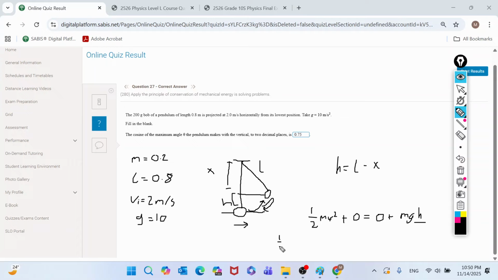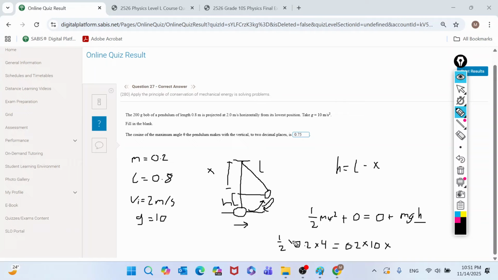So 1 over 2 times the mass, which is 0.2, times v squared, 2 meters per second squared, which is 4, is equal to mass again, which is 0.2, times 10 times the height. But guys, by the way, this dot I mean times, okay?